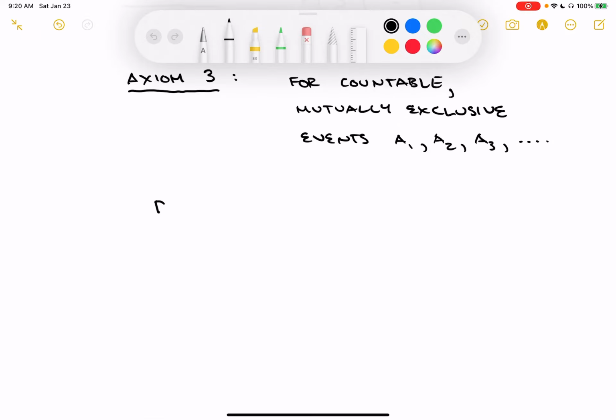Well, then the probability of A1 union A2 union, going on forever, if we union all those up, is going to be the probability of A1 plus the probability of A2 plus, and we can keep going on forever. In other words, if I have mutually exclusive things and I want to know the likelihood that the group of them occurs, I can just add up their individual probabilities.